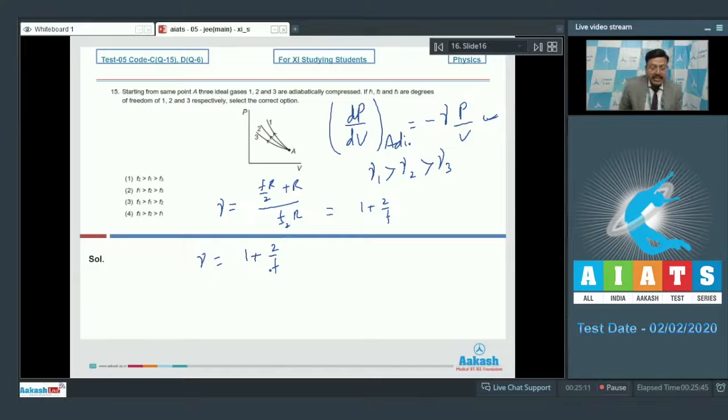Now it's very clear that as the value of degree of freedom increases, the value of gamma decreases. So that means we can very clearly say that F1 is less than F2 is less than F3 as far as the given graph is concerned. And so that means option 4, which is F3 is greater than F2 is greater than F1, is correct among the given options. So for question 15, option 4 is correct. Let's go to the next question now.